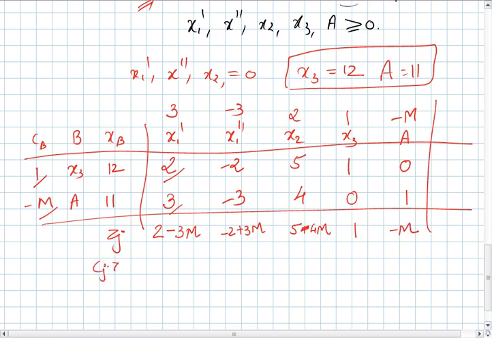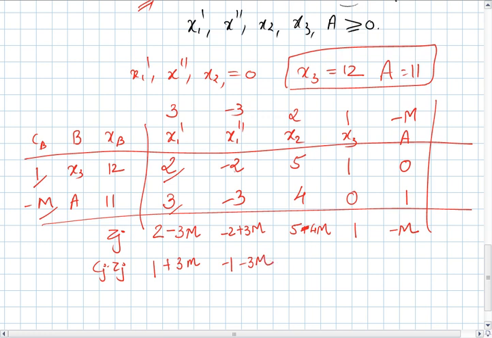Now Cj minus Zj. So 3 minus 2 minus 3M: 3 minus 2 is 1, minus -3M is plus 3M. Now here -3 minus 2, so plus 2, so -1 minus 3M.